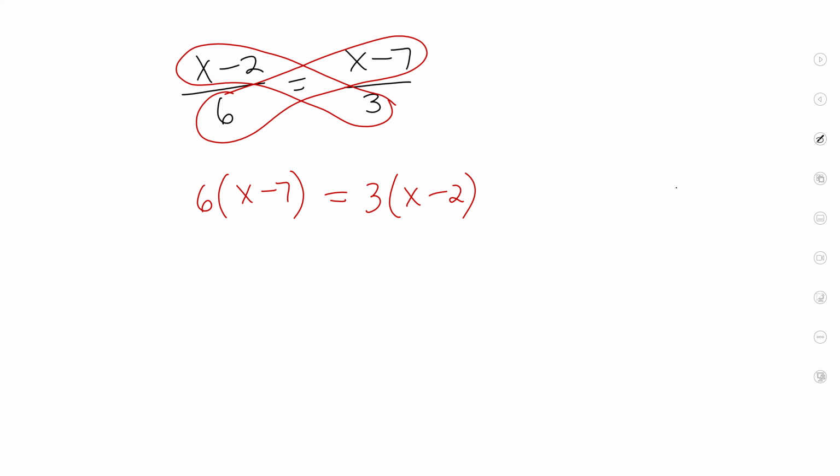From here, we just solve. 6 times x is 6x. 6 times -7, -42. 3 times x is 3x. 3 times -2 is -6.